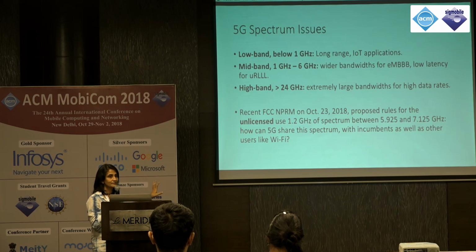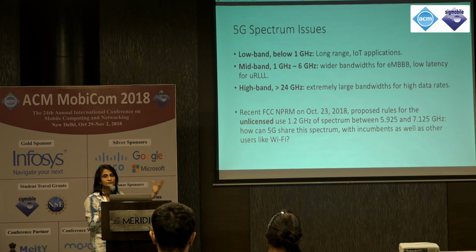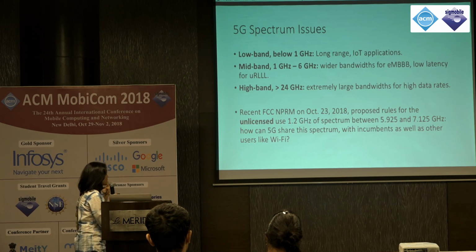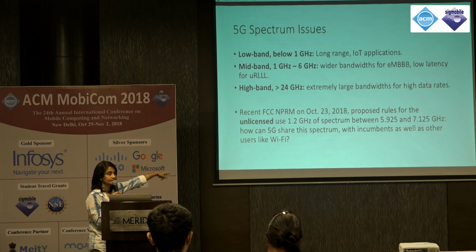There are already a fair number of incumbents in those bands. These are mostly broadcast relay services. For example, when you have remote news gathering and a television truck shows up to relay live news, they have dedicated frequencies for them to transmit that feed back to their stations. And those frequencies fall in that band.